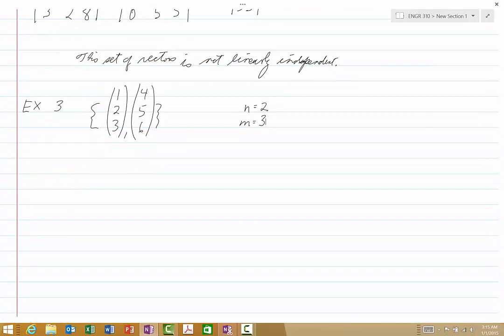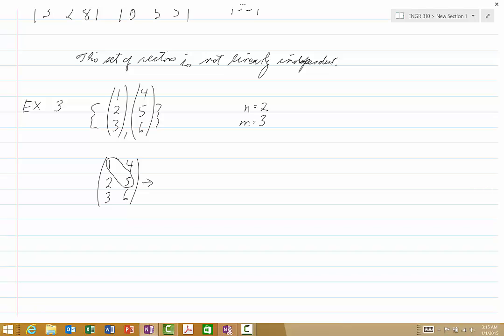So in this case, what we'll do is list these as a matrix, 4, 5, 6. And then we're going to do Gaussian elimination until we have all zeros below the main diagonal. Here is the main diagonal, and we want to make sure that everything below the main diagonal is 0, and then we'll look at the diagonal terms.